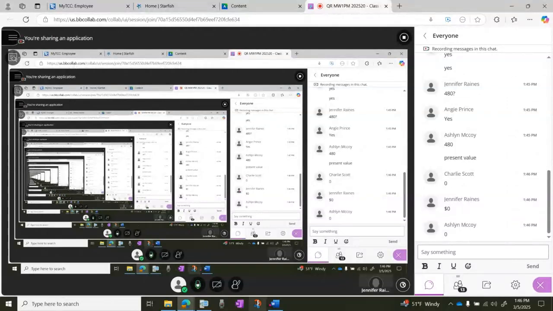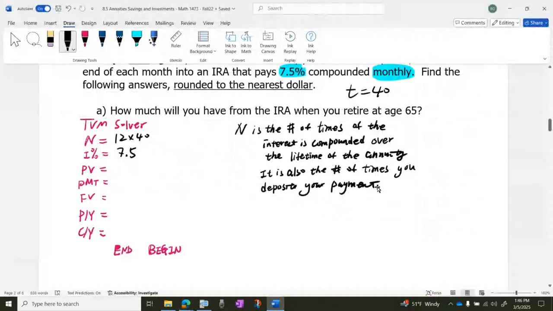Okay, yes, exactly. For an annuity, the PV is always 0 because there's no money when you open an account. Remember, in this case, the account is going to remain at $0 until the end of the first month. Then you have $200, right? PMT here stands for payment. And this entry is new to us.